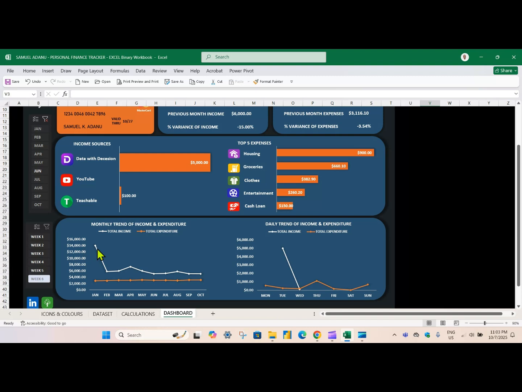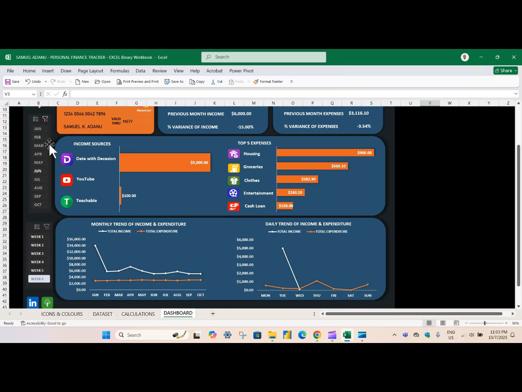Okay, now let's take a look at the trend analysis. I did not connect the monthly trend chart to the month filter because we can clearly see all the months displayed on the x-axis and values on the y-axis, and we can clearly see how much money was generated on a monthly basis and how much money was spent on a monthly basis.